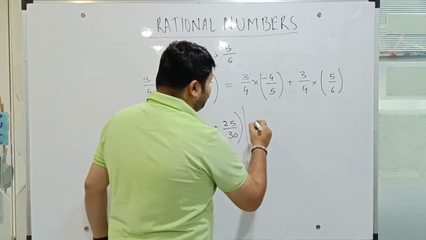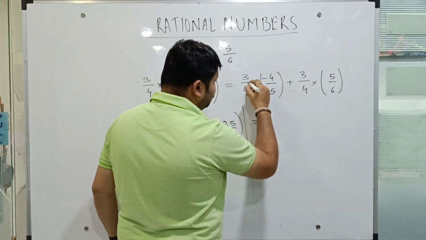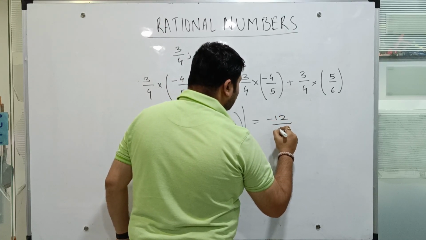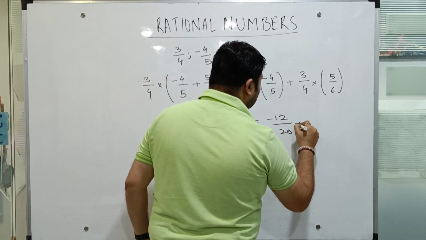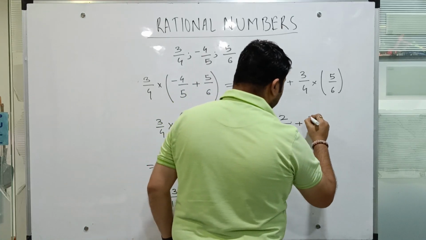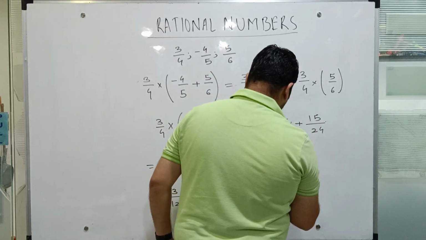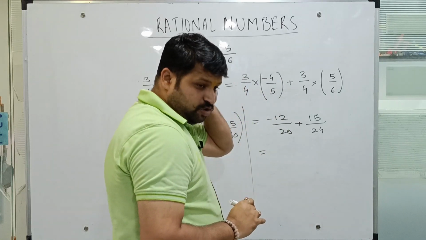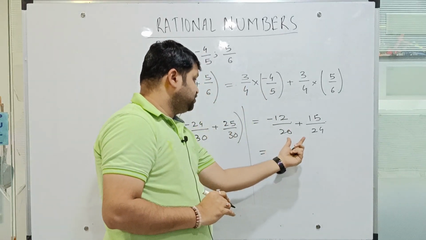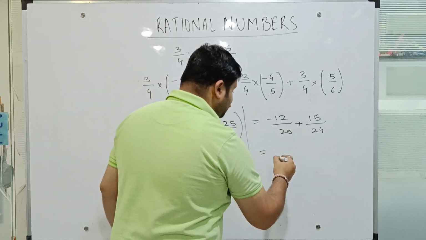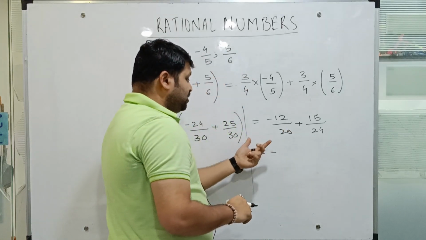So this first part would be minus 12 upon 20 plus 15 upon 24. So the LCM for 20 and 24 is 120. So here 20 needs to be multiplied by 6.